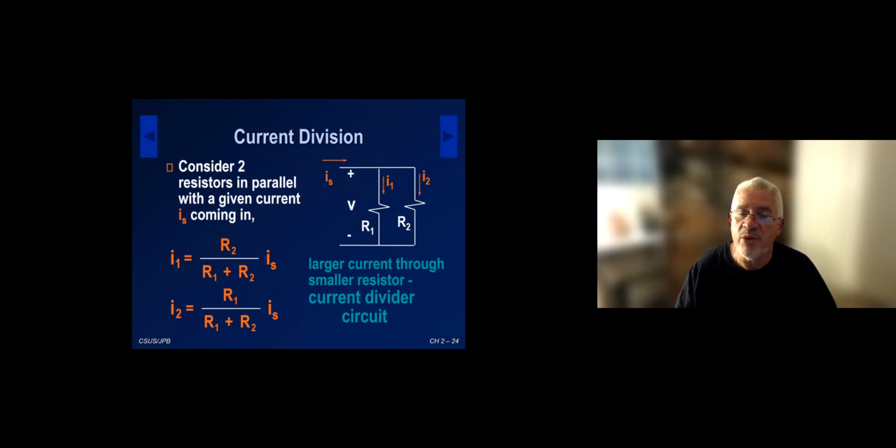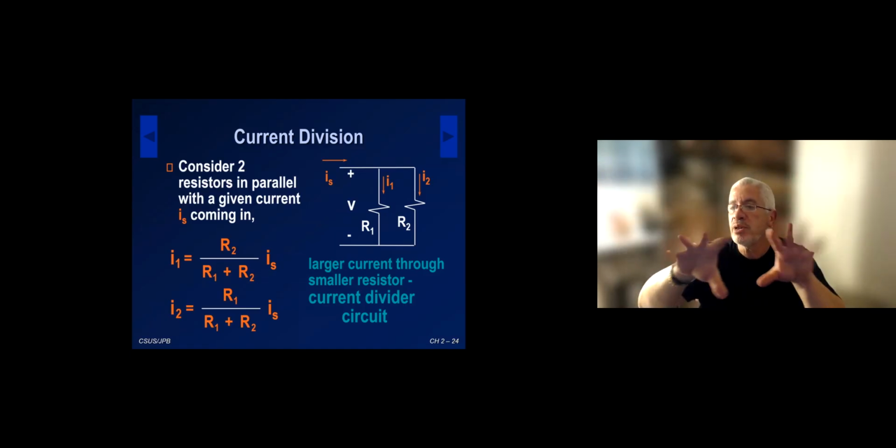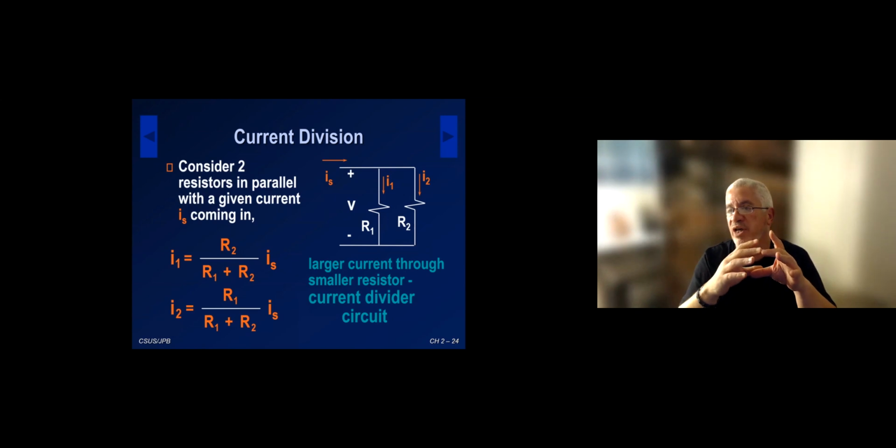I've been using the water pipe analogy for current. You have a big pipe coming in and it goes into two different size pipes, with different cross sections, so different resistance. We want to know how much water comes into each side as compared to the water coming into the big pipe. To prove this, we can put these two resistors in parallel.